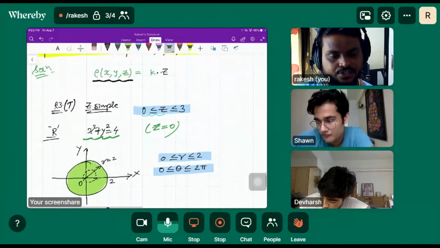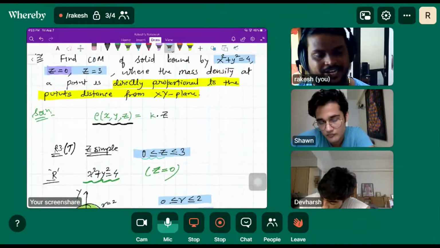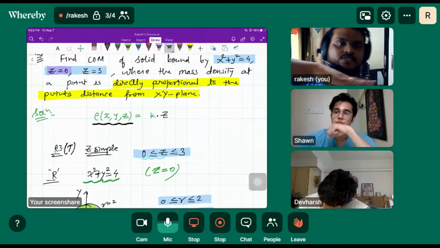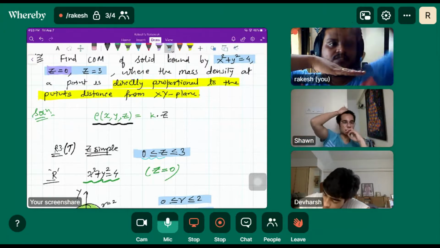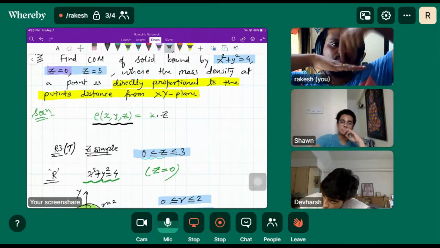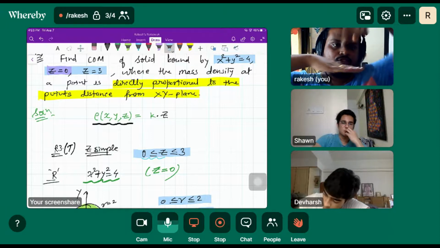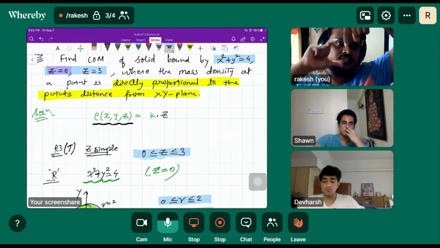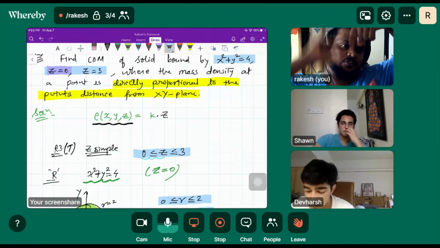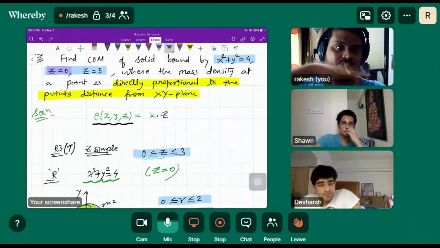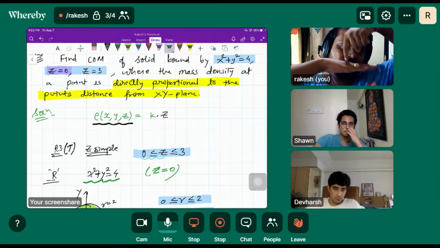And the mass density function is already defined, which is directly proportional to the point's distance from the xy plane. So distance from this xy plane is nothing but we always take the perpendicular distance. So if this is the xy plane, the distance from the xy plane is obviously the y coordinate, right? Sorry, the z coordinate, sorry, z coordinate, right?